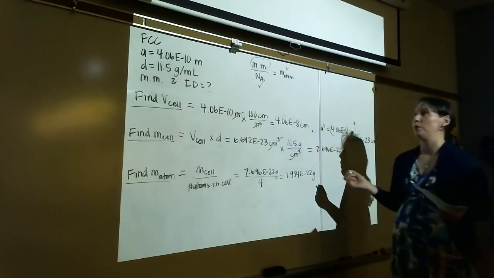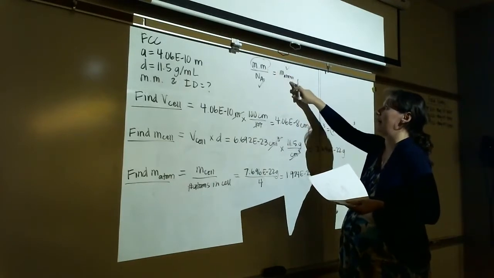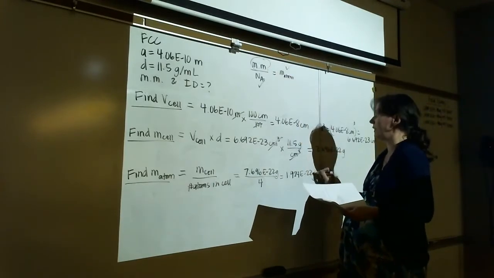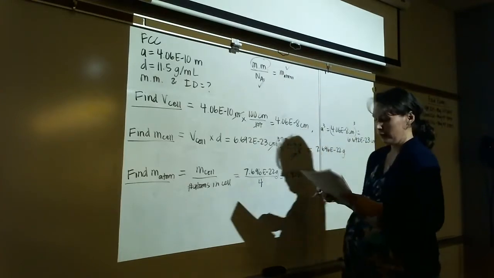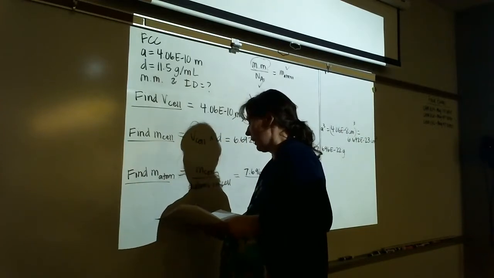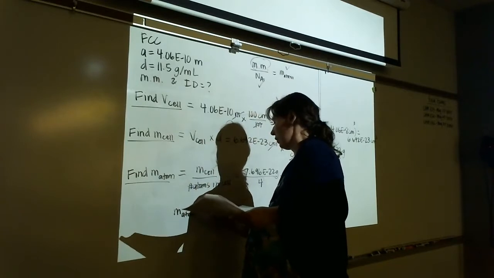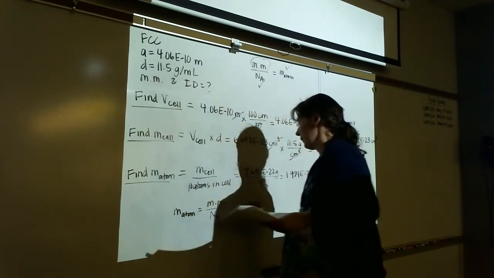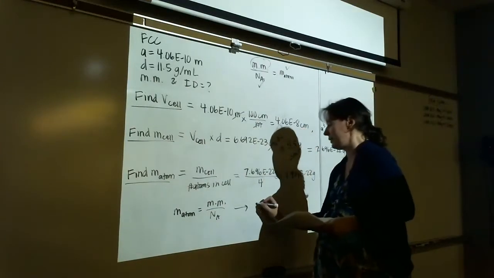So now we can find molar mass, right? If molar mass over Avogadro's number is mass of an atom, I just plug this in here. Avogadro's number is a constant, right? So M of atom is equal to molar mass over Avogadro's number. So now, how do I get molar mass by itself?